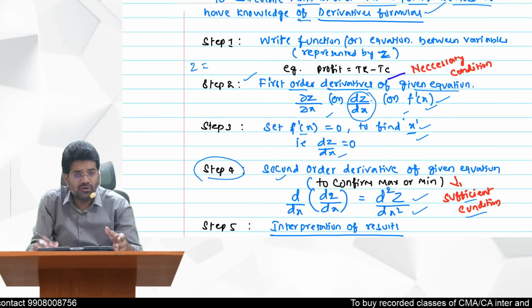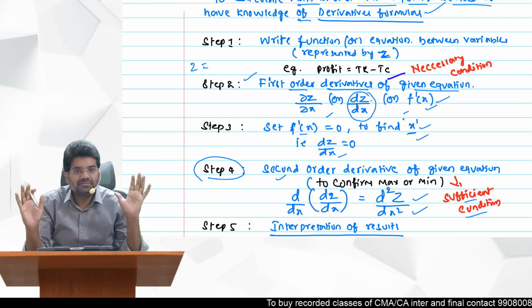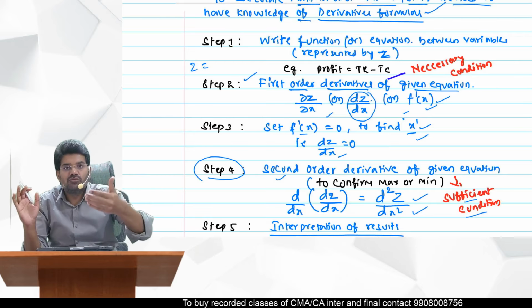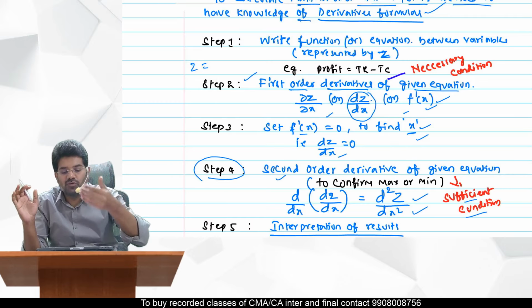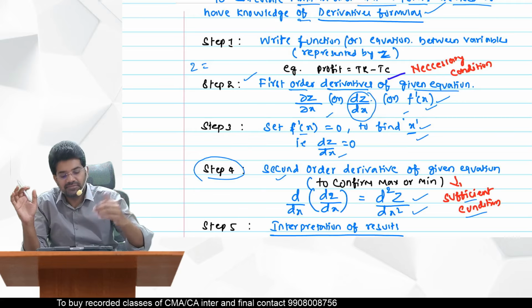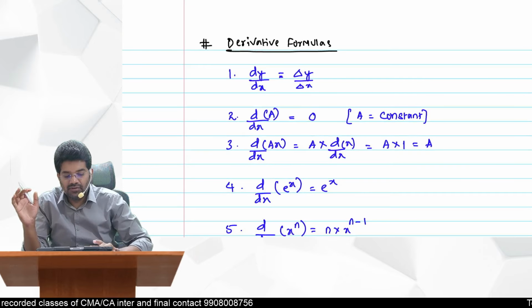Now, as I told you, without knowing the formulas, you cannot solve this problem. So let us go to the formulas. Once you know the formulas, you can easily apply the differentiation. So here are the derivative formulas.